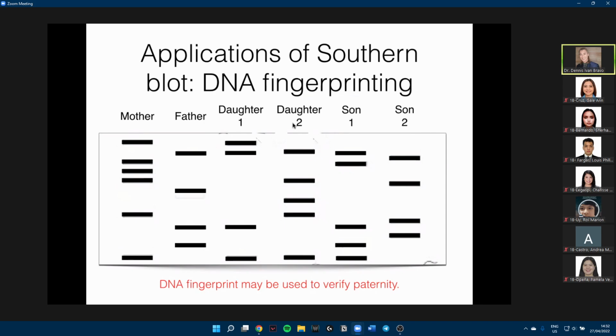So you can say that daughter number 2 is the biologic offspring of the mother from another man, not this father. Son number 1 is the same case as daughter number 1. While son number 2, the VNTR doesn't match anyone. So you can say son number 2 is the biologic offspring of neither the mother nor the father.